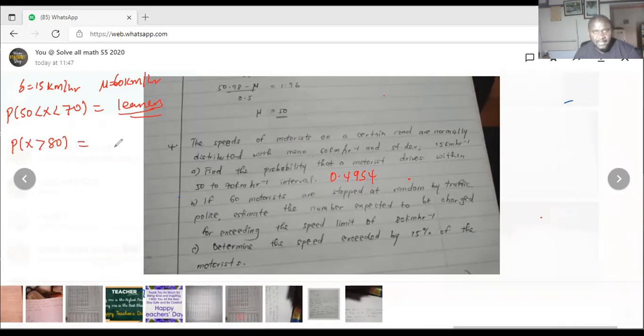When you get the probability, you multiply by the 60 motorists. So the number becomes the probability of X greater than 80 times 60. The probability here is 0.0913. Of course, you standardize and do everything.